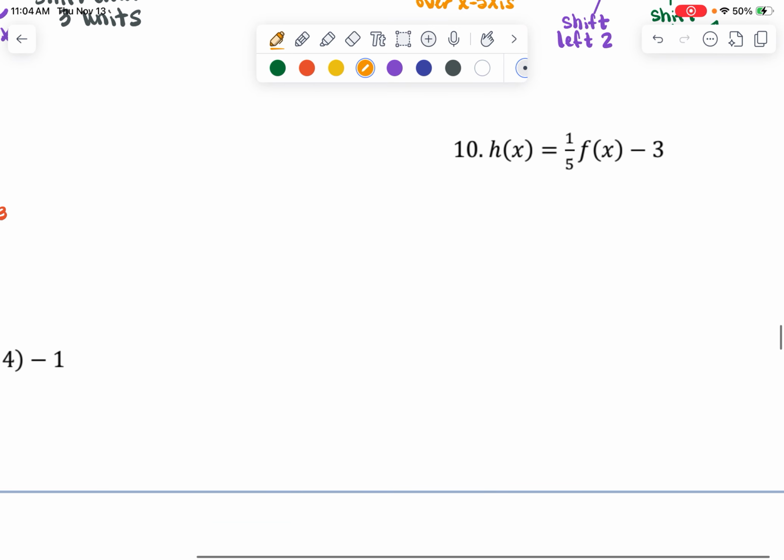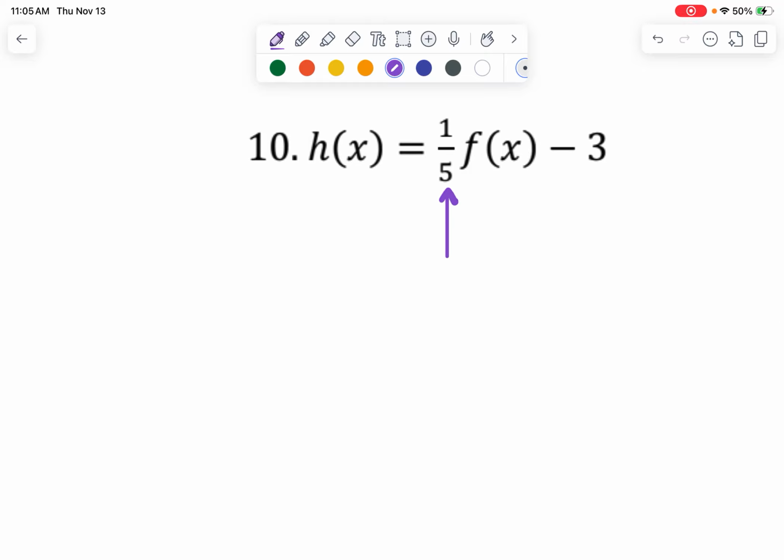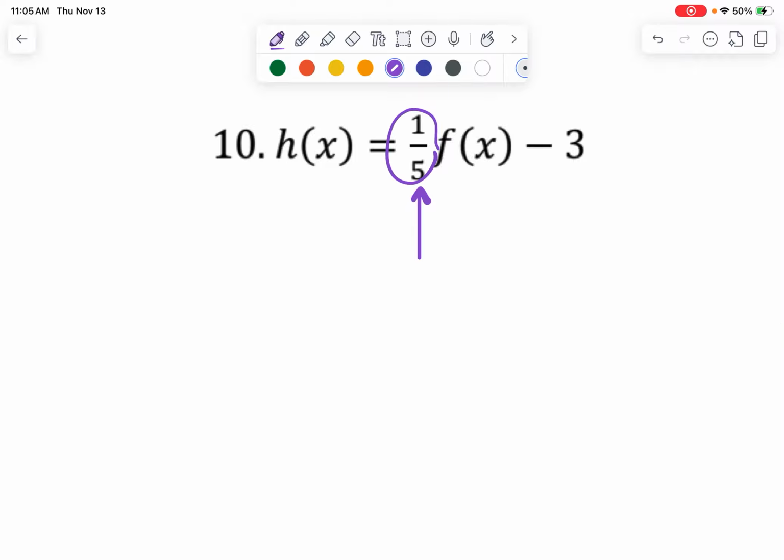All right, let's hop over here. All right, we got a couple things going on. We've got the 1/5, and we've got that -3. So let's talk about the 1/5. He's on the outside, which means he's vertical. So I automatically know I can start this with the word vertical. And it's a fraction. It's less than 1.